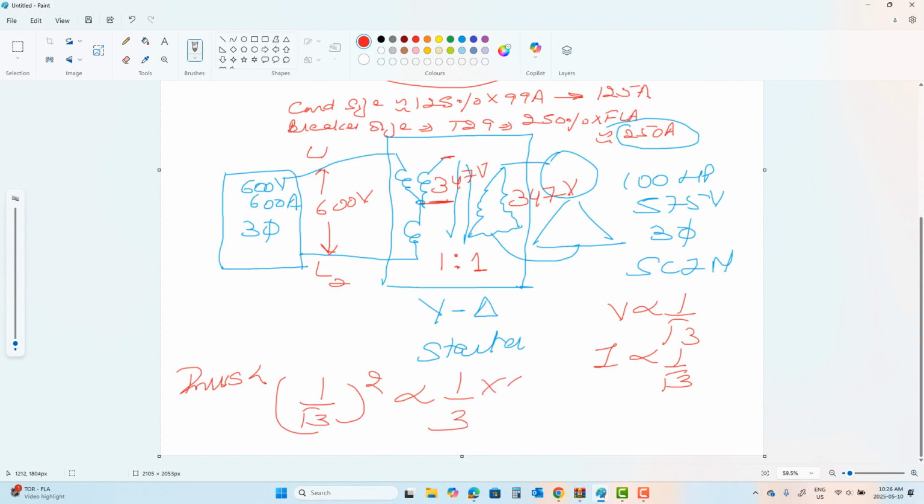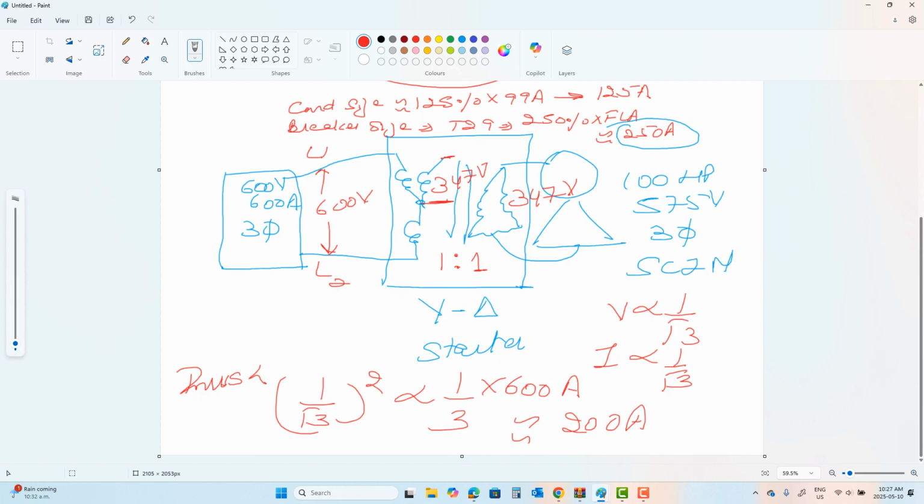So rather than a 600 amp inrush, we will have roughly a 200 amp inrush, which will let the motor go through the starting phase. The starting phase usually is up to 75% of the rated speed of the motor. So if the rated speed of the motor, which I taught you last Saturday, is 1800 RPM, at 75% of 1800 RPM the starter is kicked out and the motor is directly connected to the source.